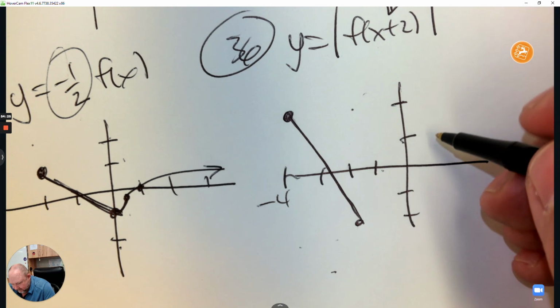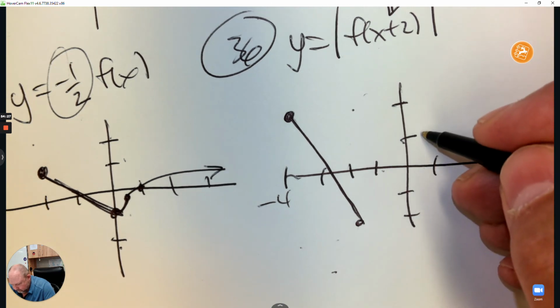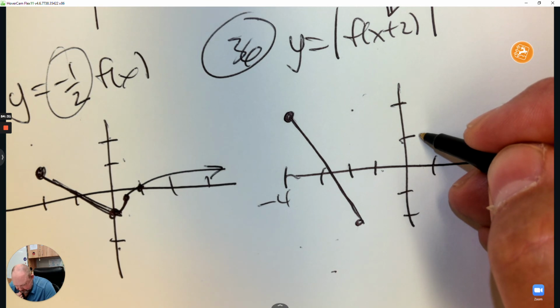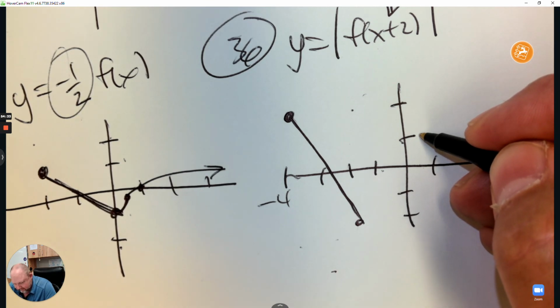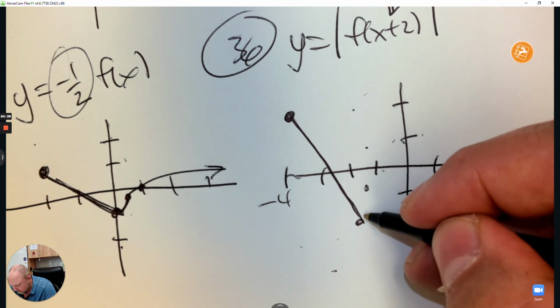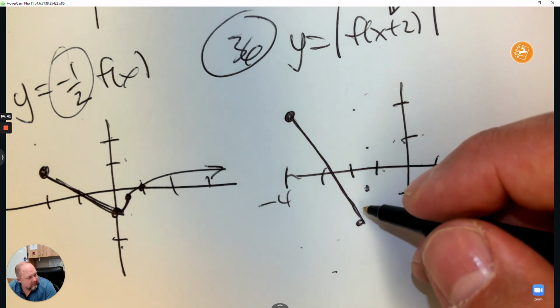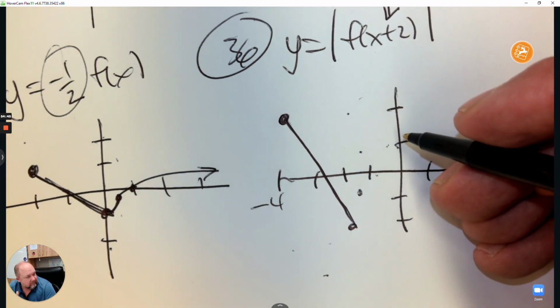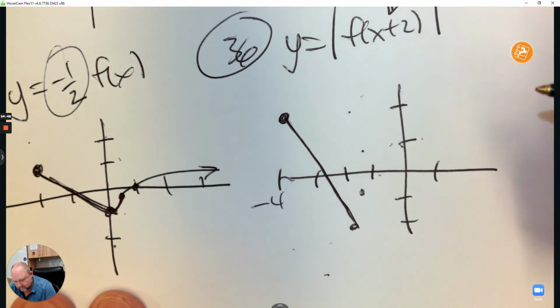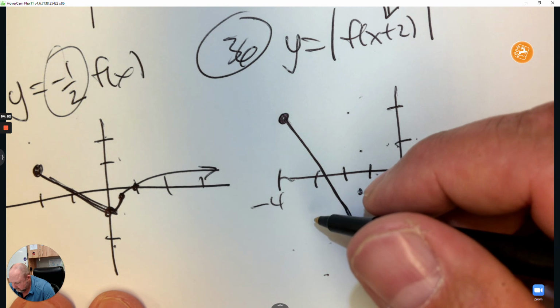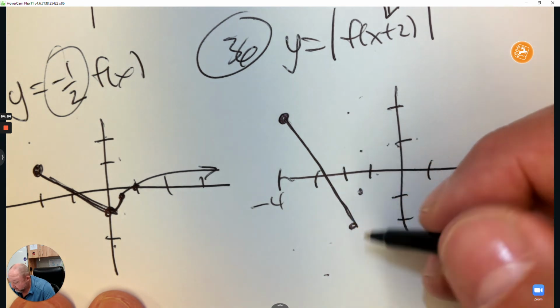Take the point of inflection, 1/2 and 1, so shift to the left 2, and reflect. Oh, wait a second.